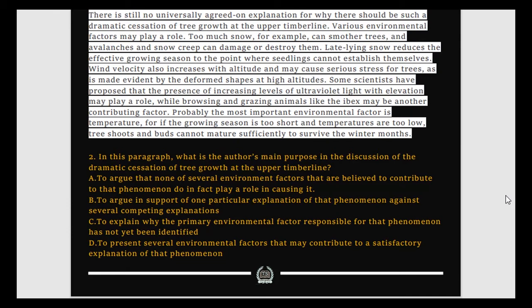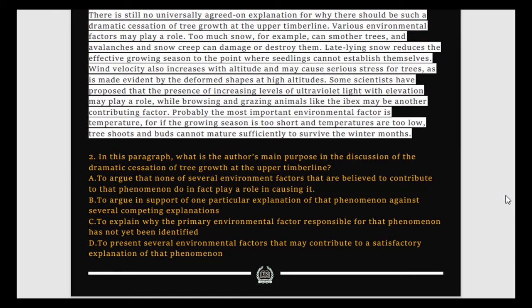This is incorrect. What this option is trying to tell us is exactly the opposite of what is written in the paragraph. So this is incorrect. We now go to the next one. B, to argue in support of one particular explanation of that phenomenon against several competing explanations.